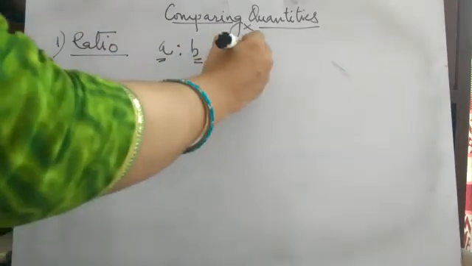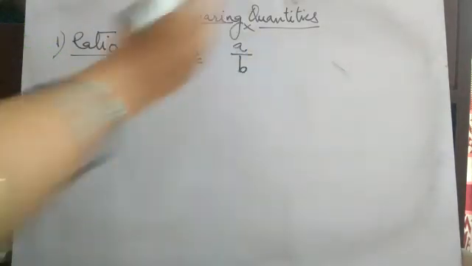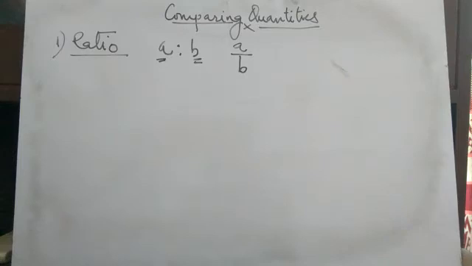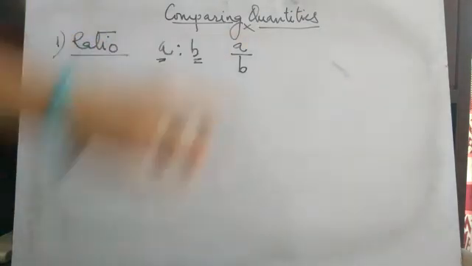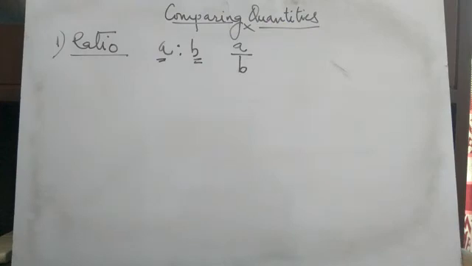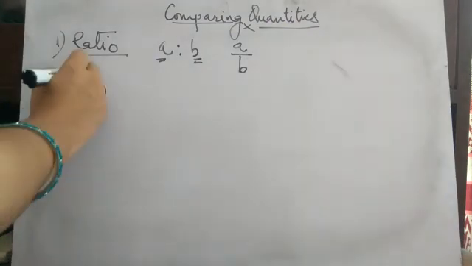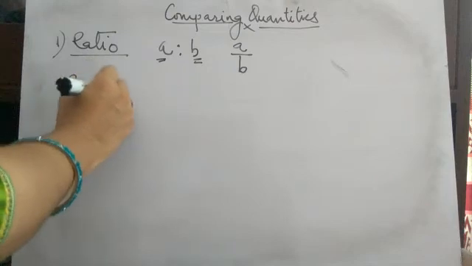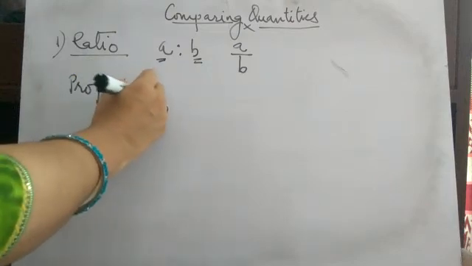And all the sums in the ratio are solved by writing the ratio as a fraction only. We start with writing the ratio as a fraction and do the sum accordingly, and the final answer is again given as a ratio.